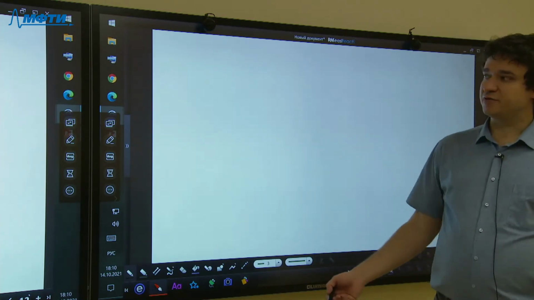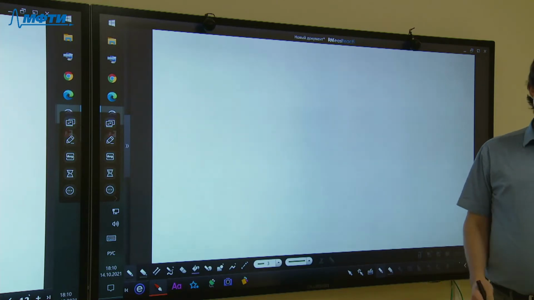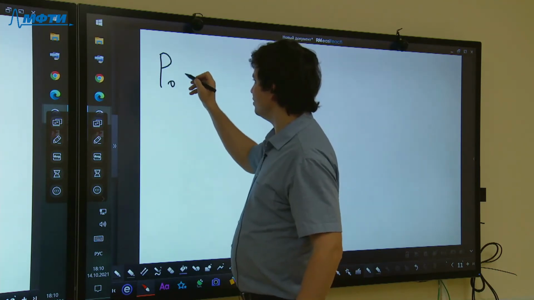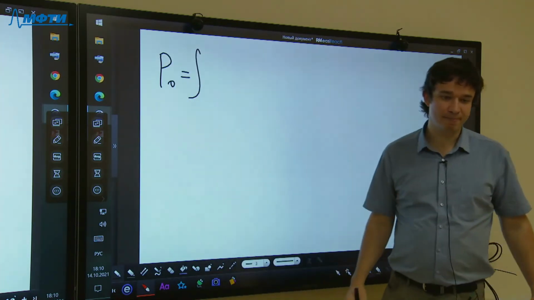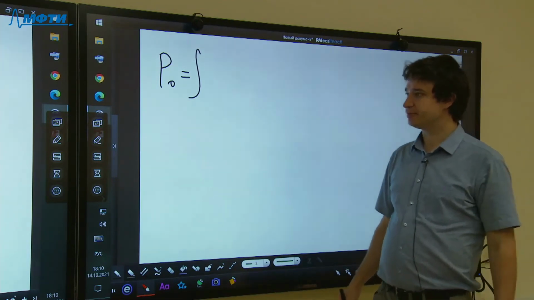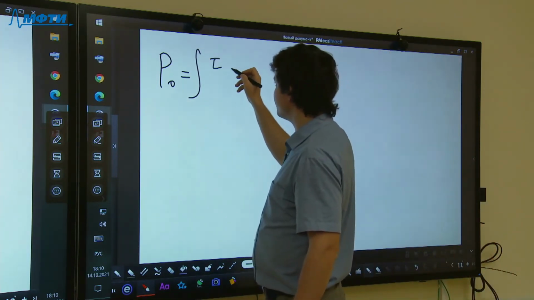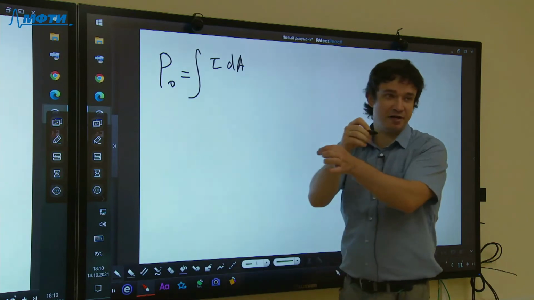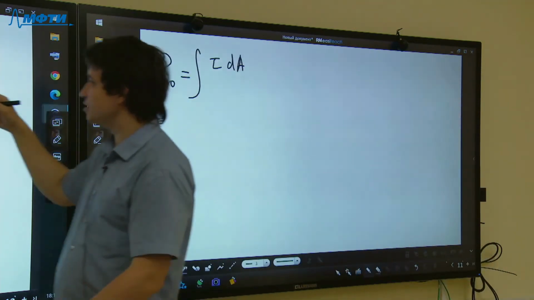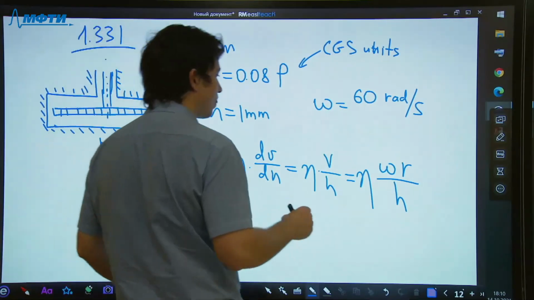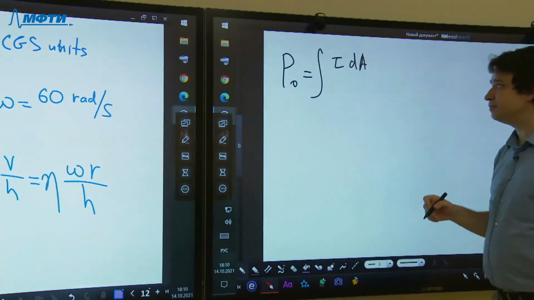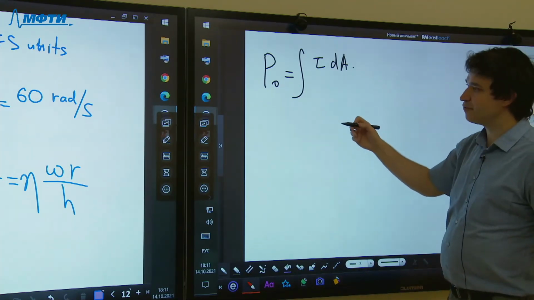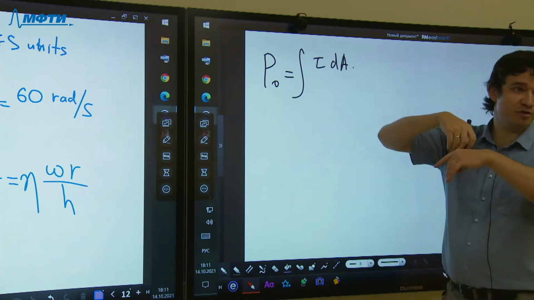As you see, we have something dependent on the radius, so in order to calculate this final power, we need to perform some integration. What we need to integrate is the drag force, which is tau times the element of area of the disk. Since we are dealing with power, we need to multiply the drag force by the speed of the corresponding element.